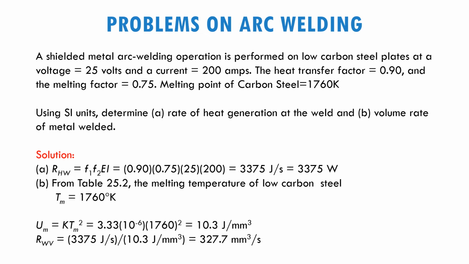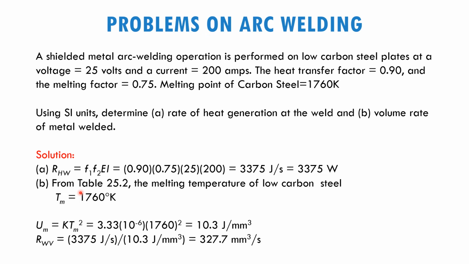This one is E, this one is I, this one is f1, this one is f2, right? So you'll get the value, let's say 3375 joules per second.